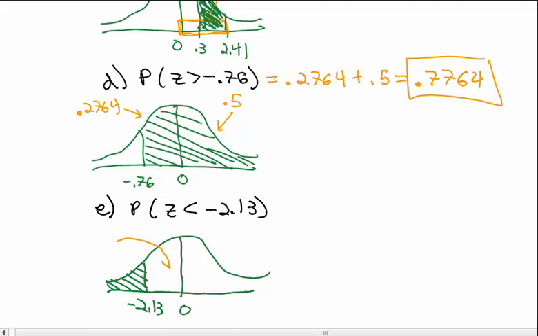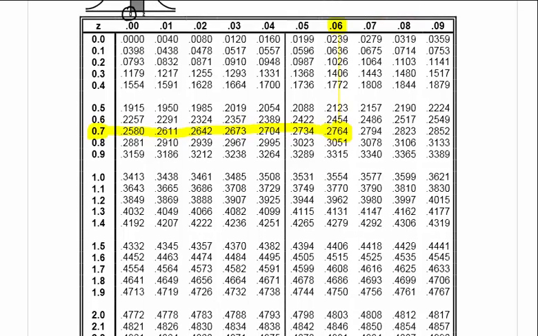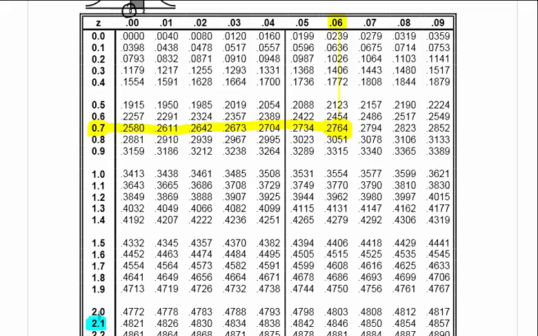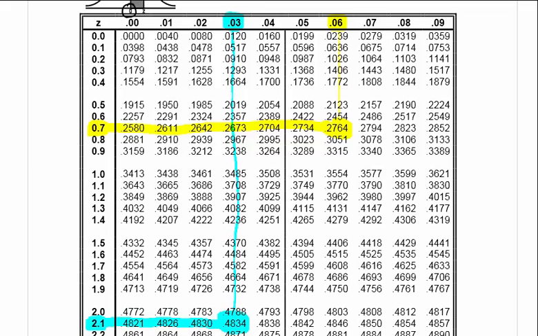Remember, the table will tell us the middle, the area between 2.13 and 0. And so when we look up 2.13, we have an area of 0.4834. Check that, make sure it's right. 4834, yep.